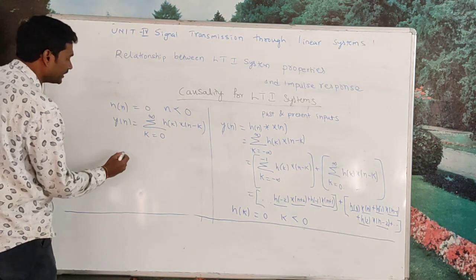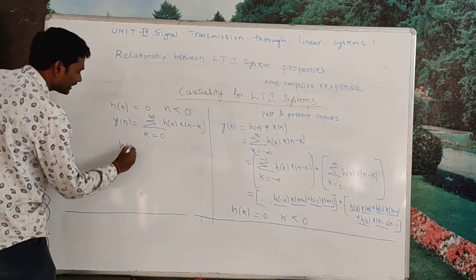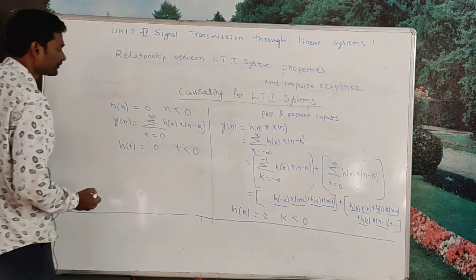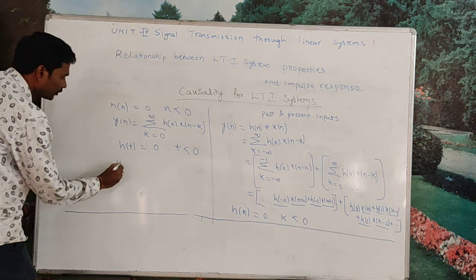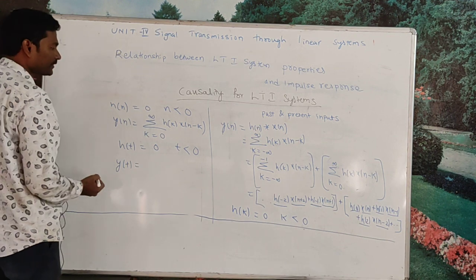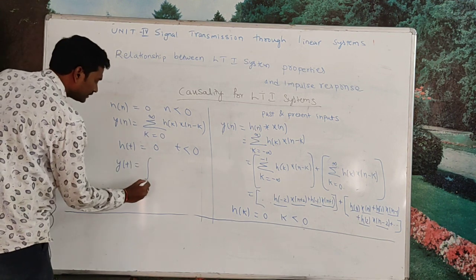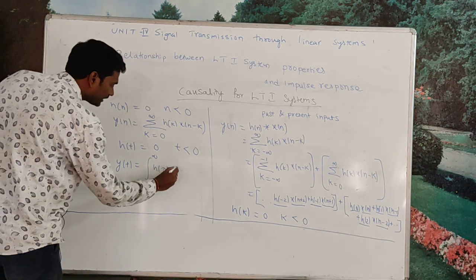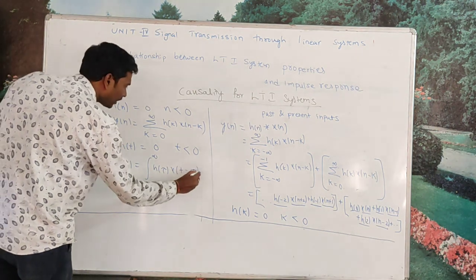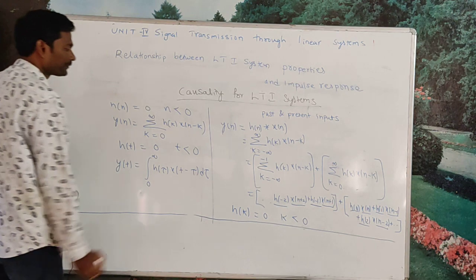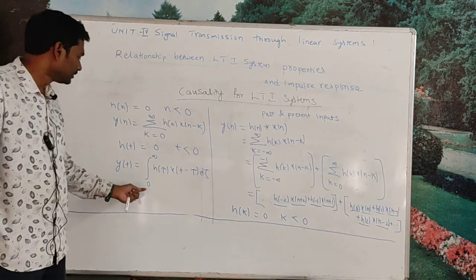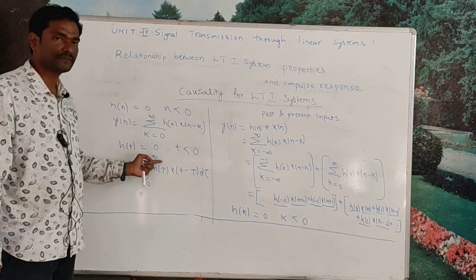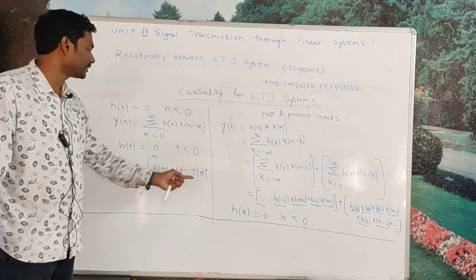We can write h of t equals 0 for t less than 0, and the output y of t equals integral from 0 to infinity h of tau x of t minus tau d tau. Earlier we would write this from minus infinity to plus infinity h of tau x of t minus tau.